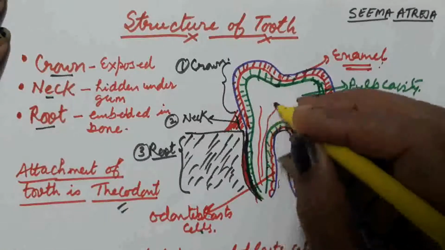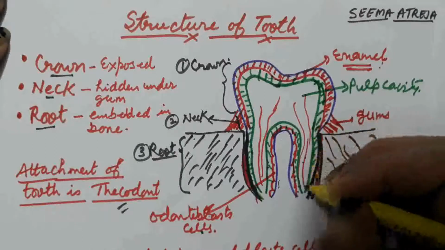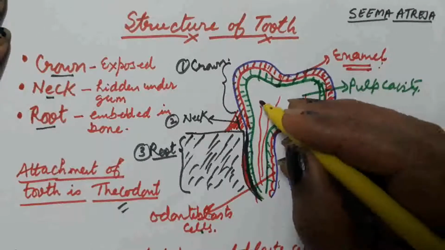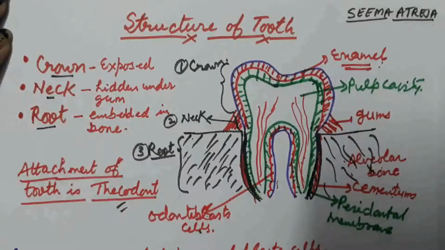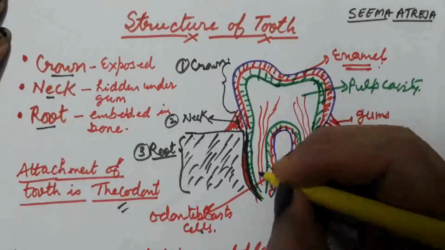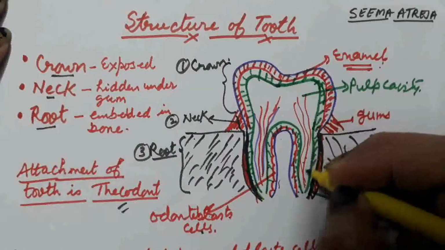These are the blood vessels, which I am showing with the red color, and these are the nerves, which I am showing with the help of blue color.